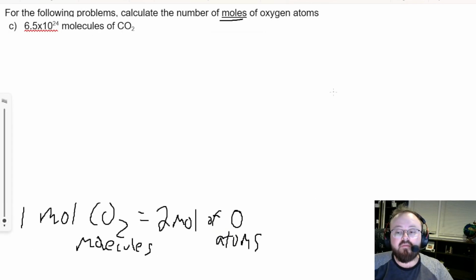The other piece of information that we need to understand is what a mole is when it comes to the conversion between molecules or atoms or anything.